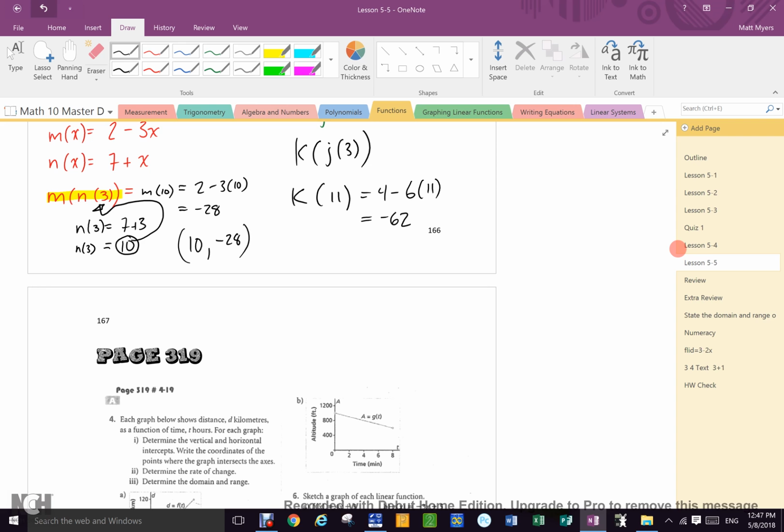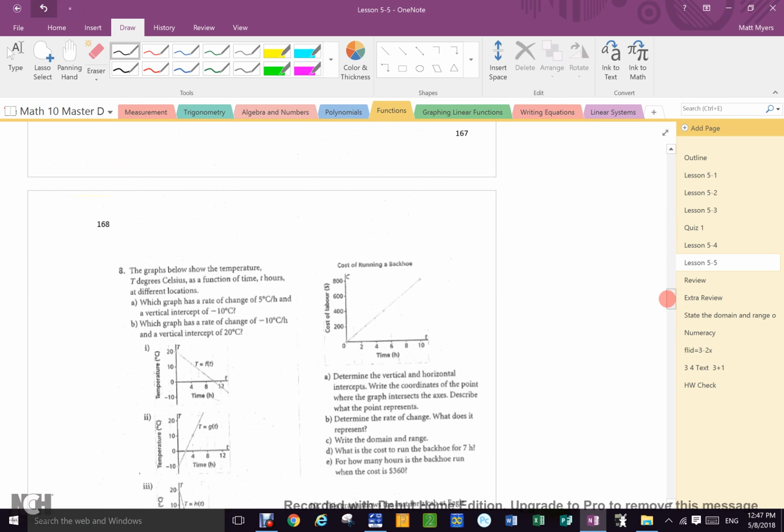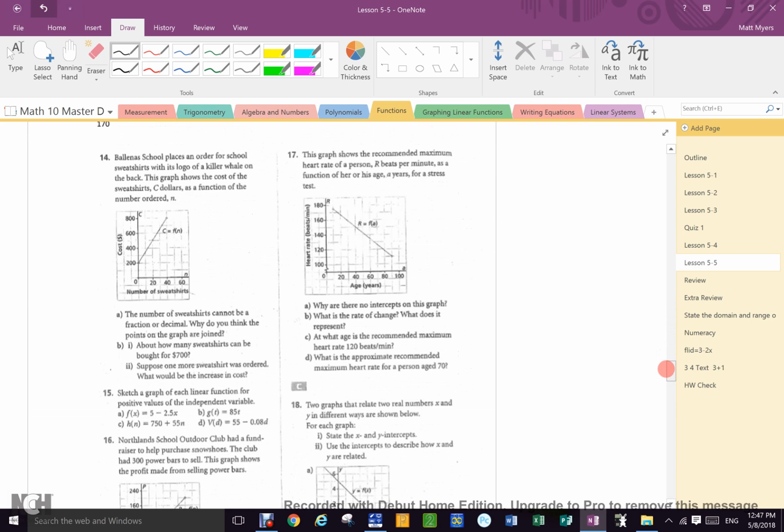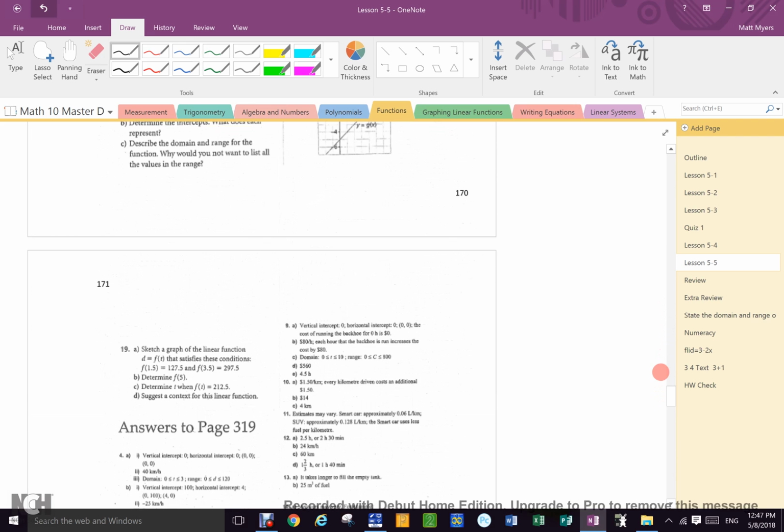All the material from page 167 to 171, partway down, is the stuff we have just done. It gets progressively more difficult. If you want an A, you need to make sure you can do the most difficult ones. If you are happy with a C, do the first couple.